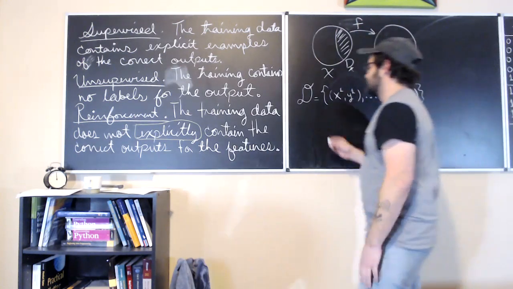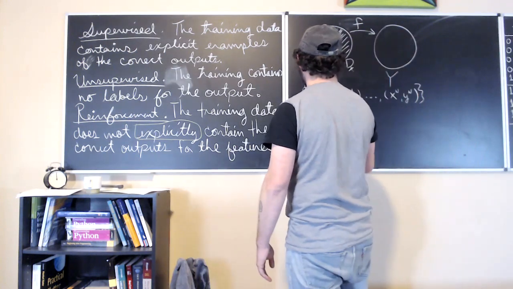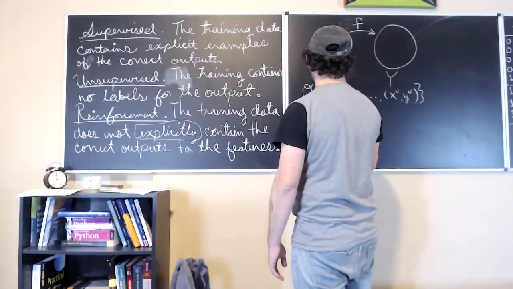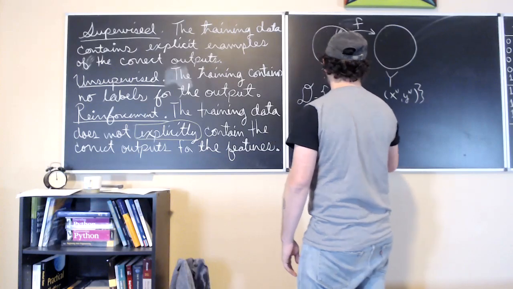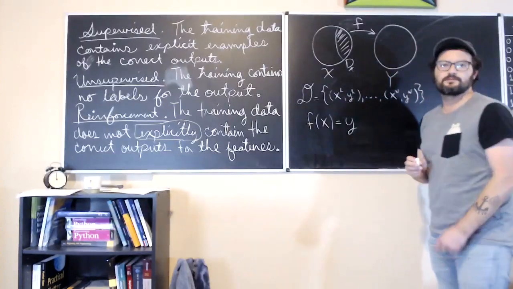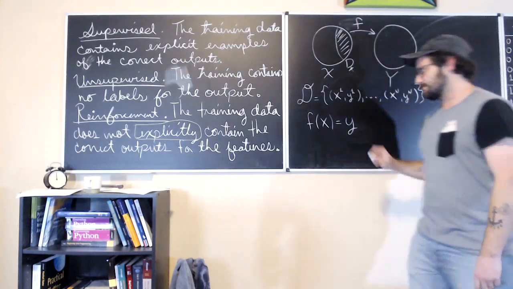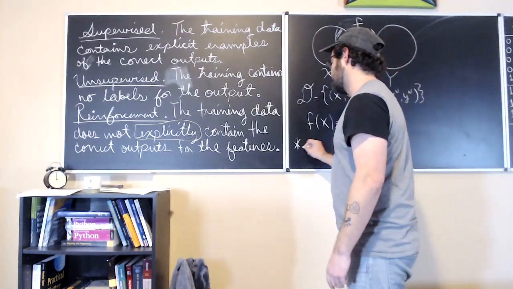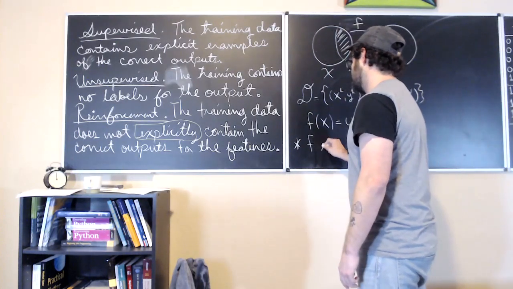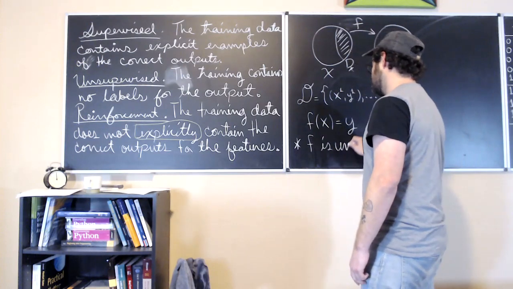If you put in your x, you get your correct label y. But as I mentioned last time, f is unknown.